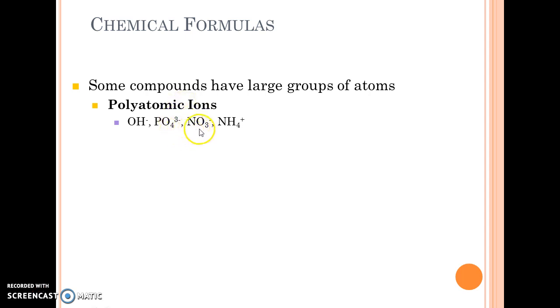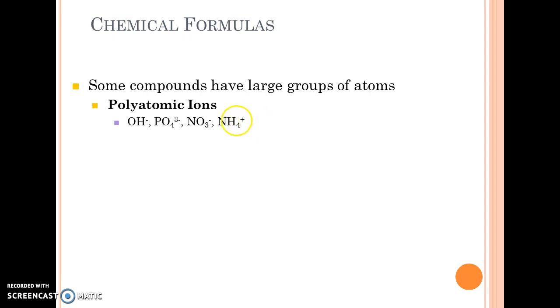Here we have nitrate, and it's NO3 with a negative 1 charge. Then we have this ion here named ammonium, where we have 1 nitrogen and 4 hydrogens. And this one now has a positive charge. This is what we call a cation. Cations have a positive charge.